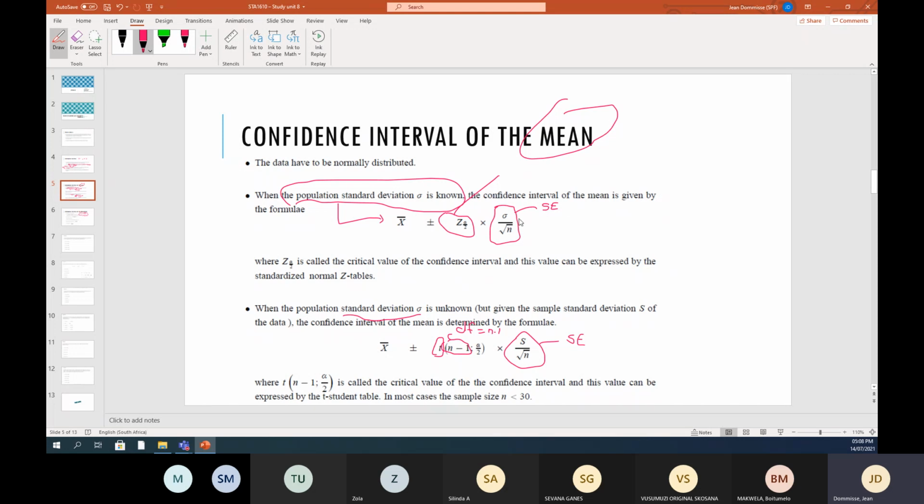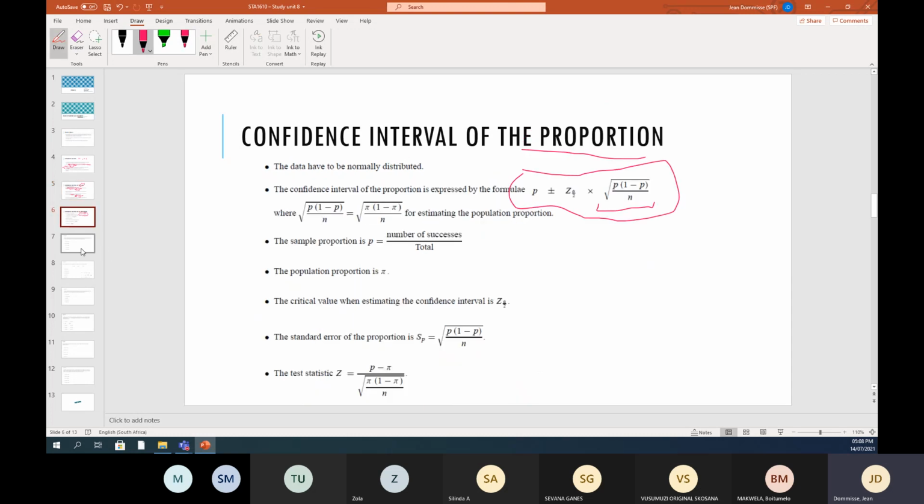This again is for exam preparation. If they don't give you your standard deviation and they don't give you your n, but they give you a standard error, you can still solve the question. Okay, so that is a bit of background.